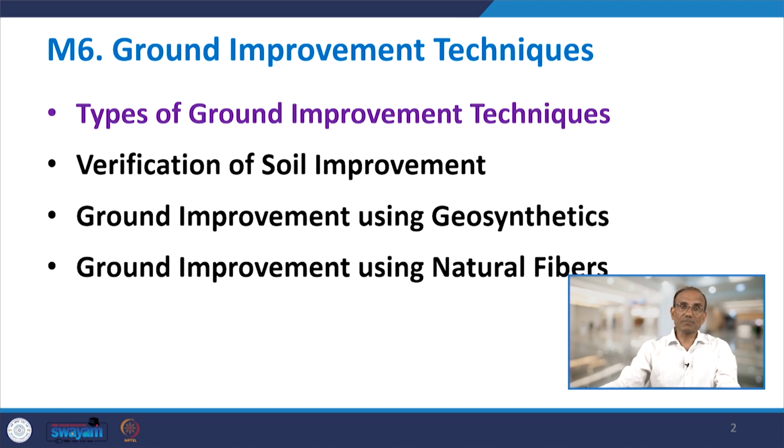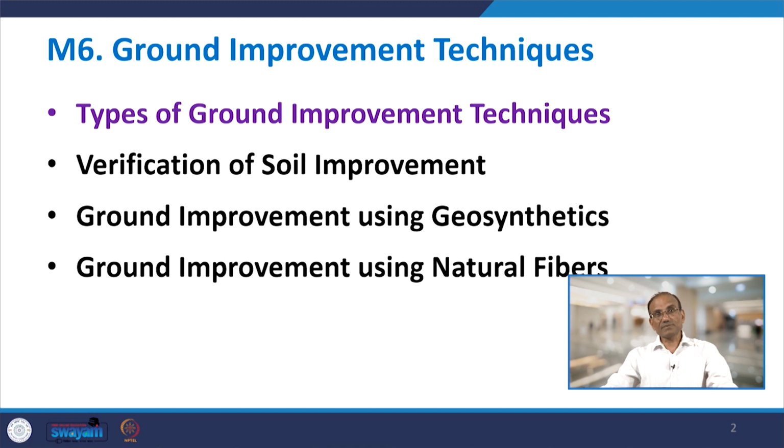So, this module is planned basically in 4 chapters. The first one is types of ground improvement techniques, where we will have almost 3 lectures on that. Then the second chapter will be on verification of soil improvement. We need to verify the improvement which we have done in the first part, whether it is working or not. Then the last 2 are kind of a mix.